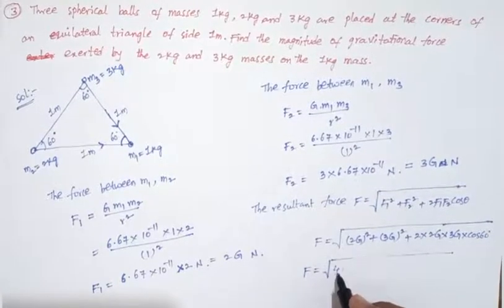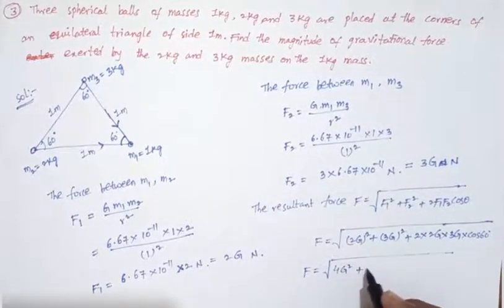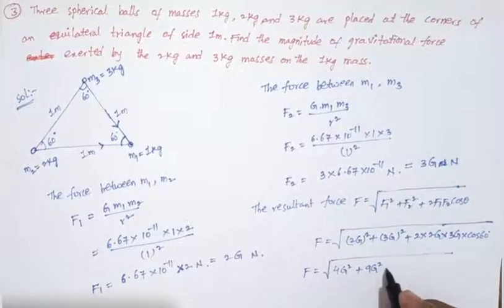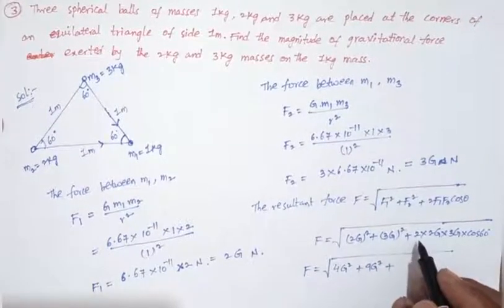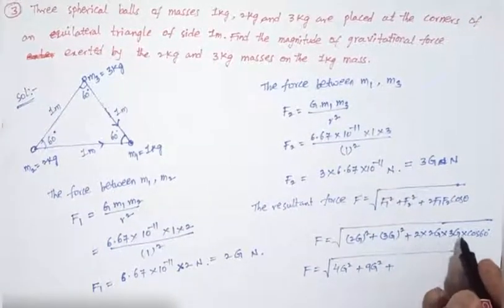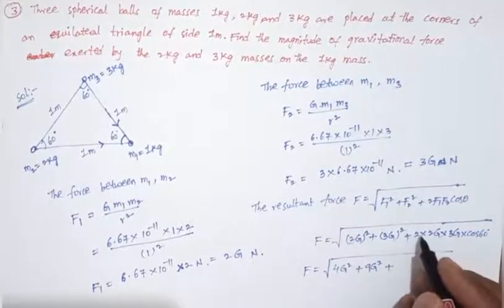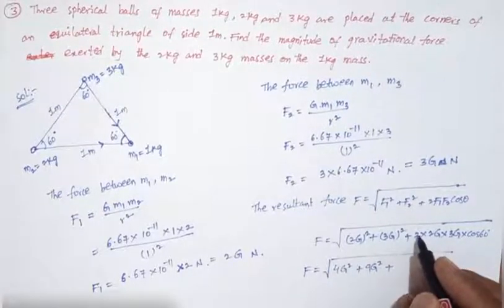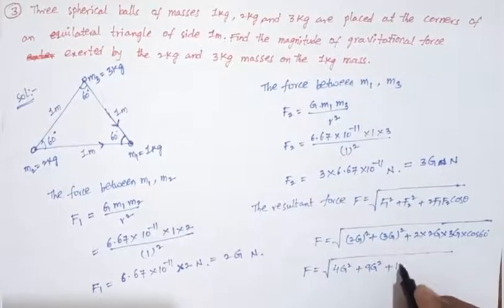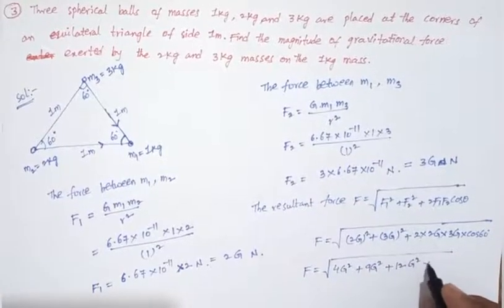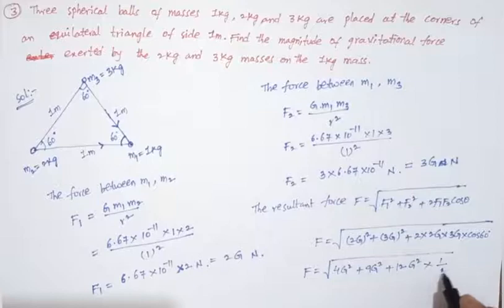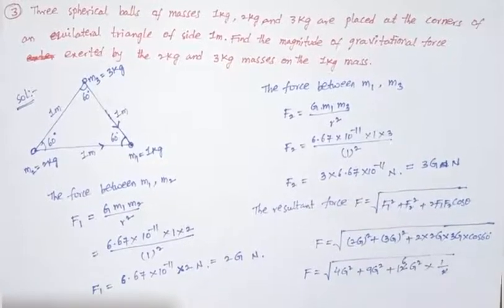So F equals square root of (2G) square, which is 4G square, plus 9G square plus 2G into 3G, that is 6G square and 12G square, 12G square into cos 60 equals 1 by 2, that is 6.